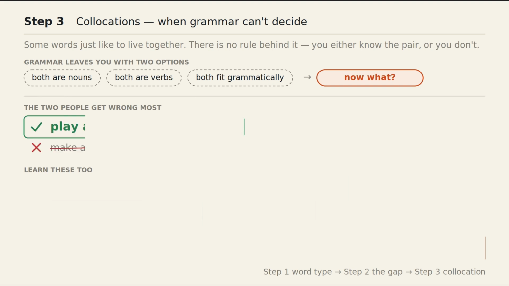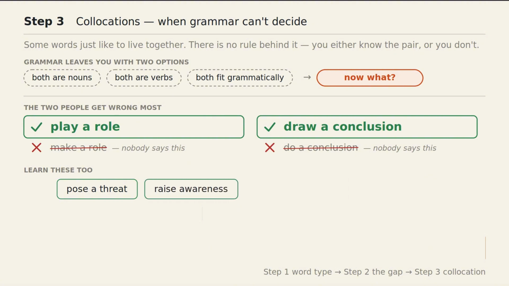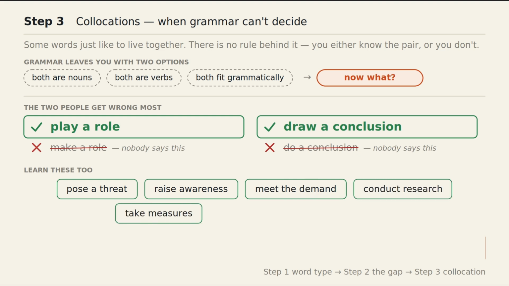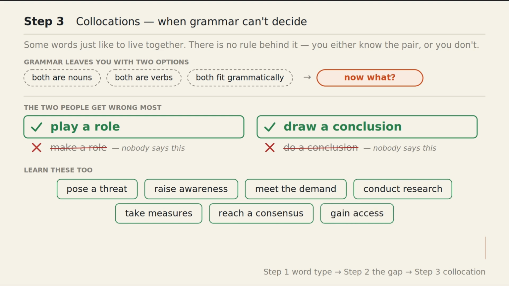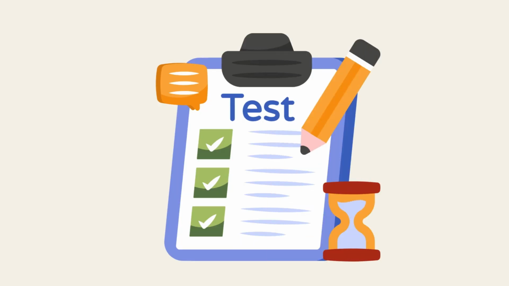For example, play a role, not make a role, draw a conclusion, not do a conclusion, pose a threat, raise awareness, meet the demand, conduct research, take measures, reach a consensus, gain access. These combinations are not always logical. They're just the combinations English speakers use. So you need to learn them. And here's the important part. You can't really learn these during the test. You need to learn them before the test.